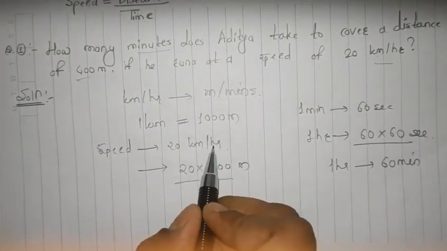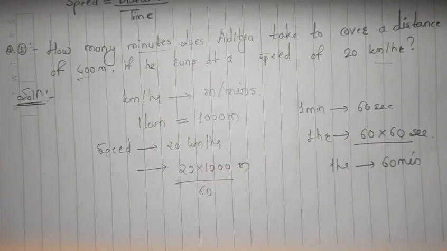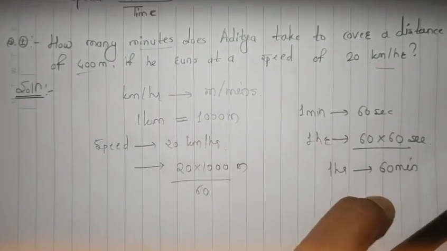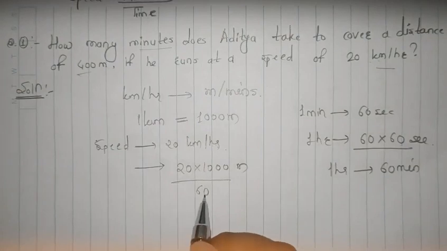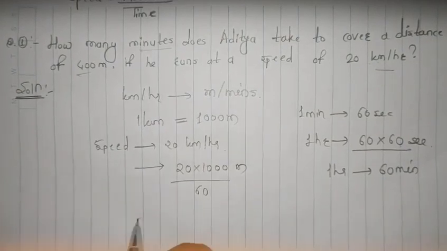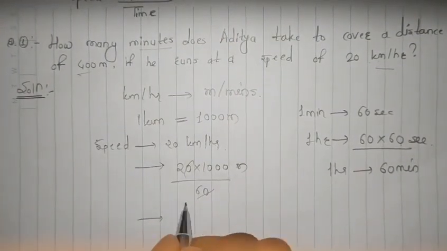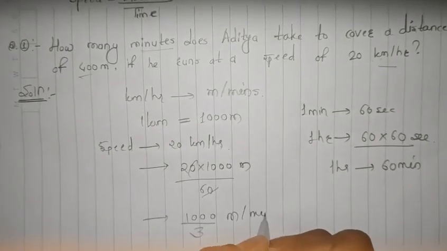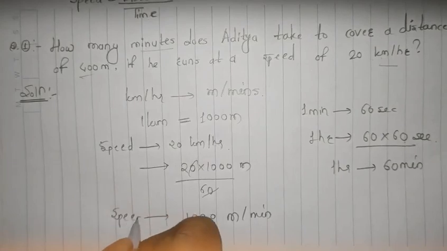Why? Because hours is in the denominator. The formula is what? Speed is equal to distance upon time. Time is in the denominator, therefore write this 60 in the denominator. Now this is 1000 by 3 meters per minute. So your speed is this.